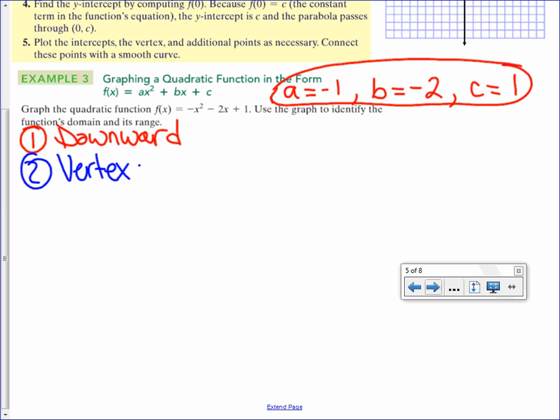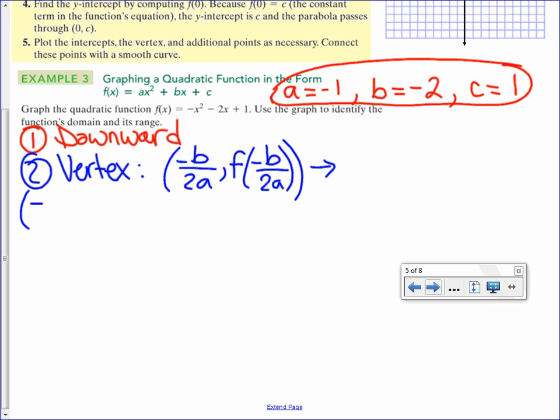Okay, so for the vertex, we use the formula, let me just write it here: negative b over 2a. Once we find that, we substitute that into the function. So negative, and then what is b?